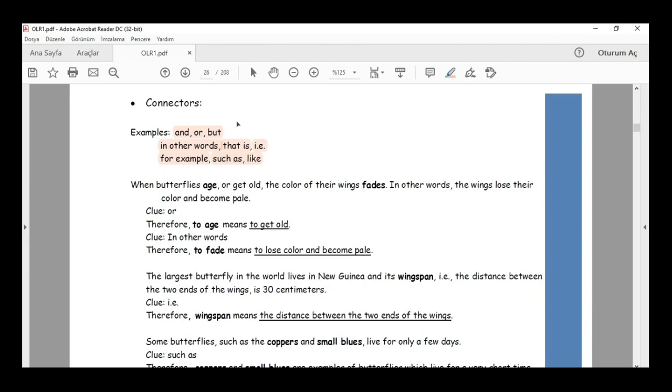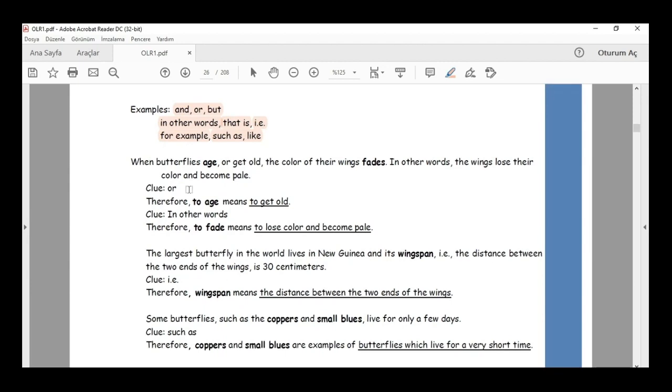You will understand from logic. In other words, that is, i.e., already mean that they are going to give you the explanation of that word. And for example, such as, like mean they will give you examples, so it will be easier for you to understand. So let's take a look.